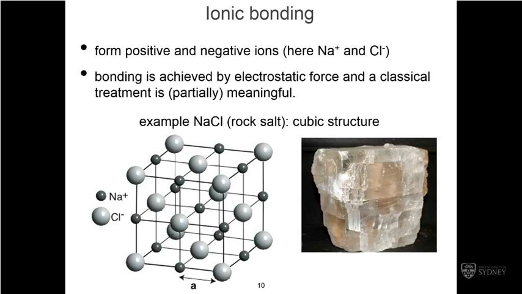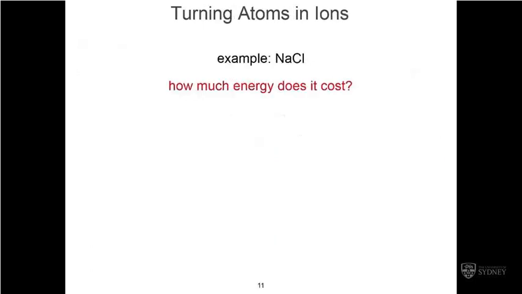We'll do a couple more slides here, more on ionic bonding. Let's consider the energy contributions to forming the sodium chloride material. This is a very simple treatment, not a full quantum mechanical treatment at the moment.